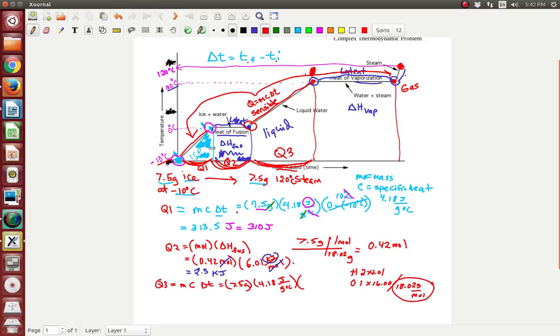The initial temperature in Q3 is right there. So the final temperature is 100 and the initial temperature is 0. So it's 100 minus 0 degrees Celsius. So that's just 100 degrees Celsius. So again, we got some cancellation to do. Degrees Celsius cancel, grams cancel, and we'll be left with joules. So let's pull up our calculator and calculate this section.